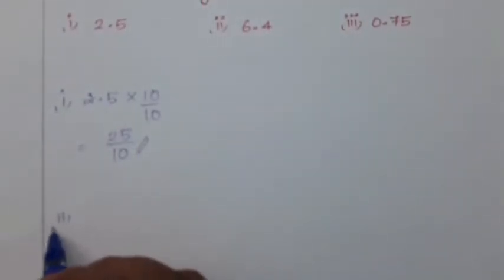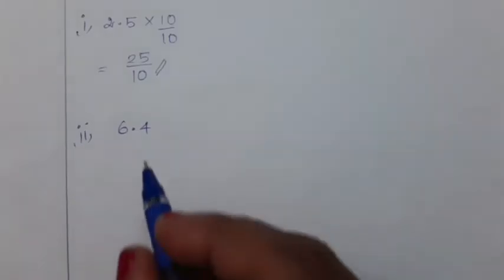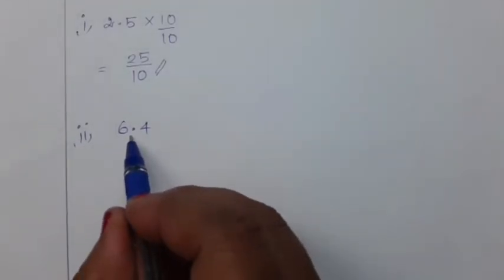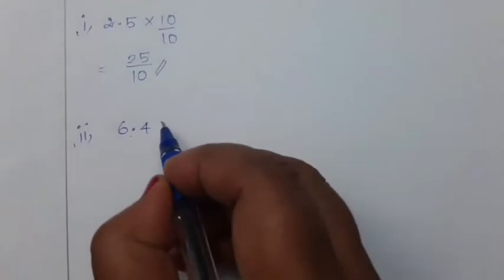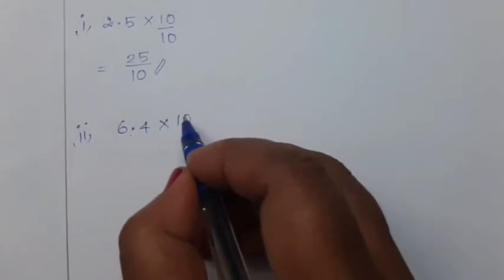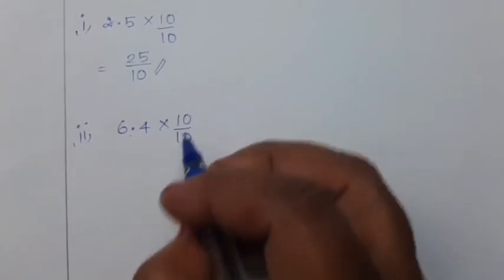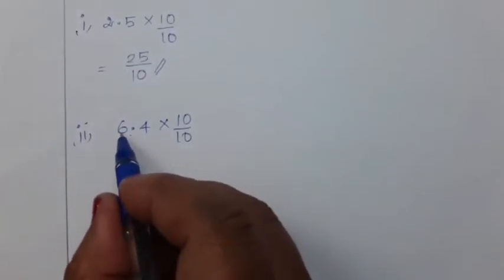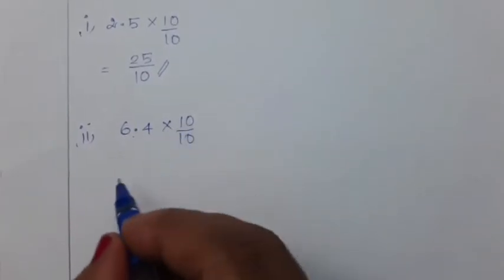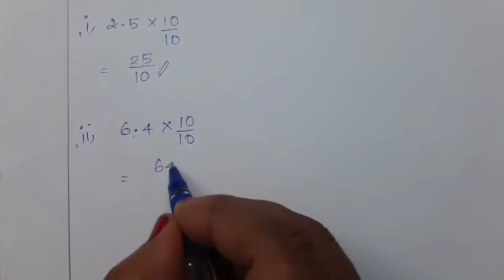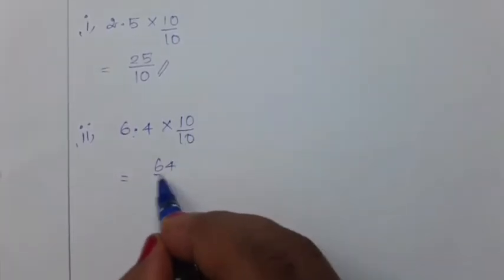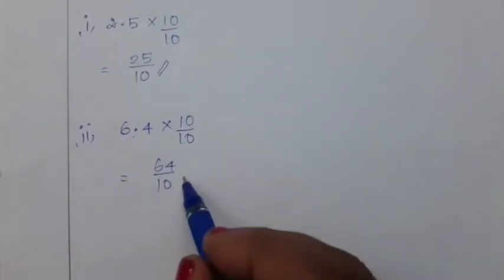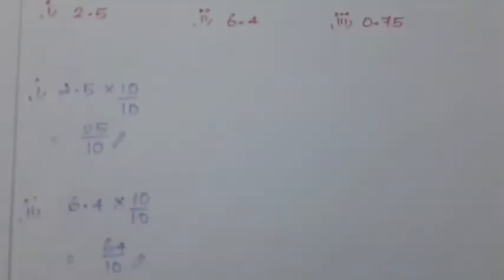Next, subdivision 2. To make this given number as a fraction, we should multiply by 10 and divide by 10. When we multiply 6.4 with 10, we get 64 divided by this 10. This is the required fraction.